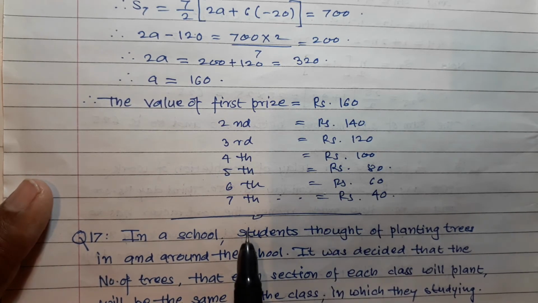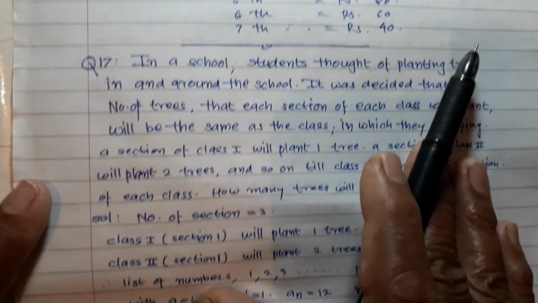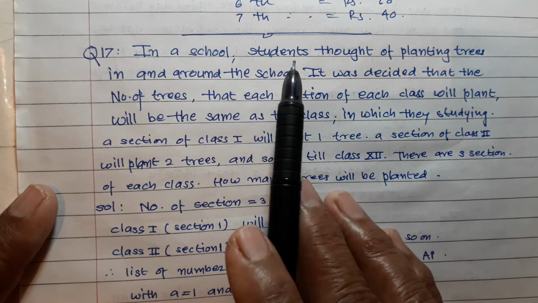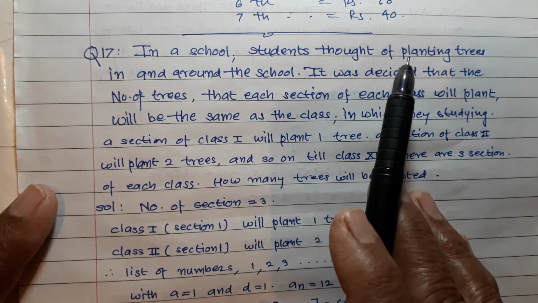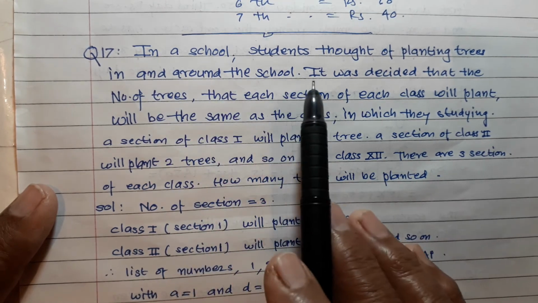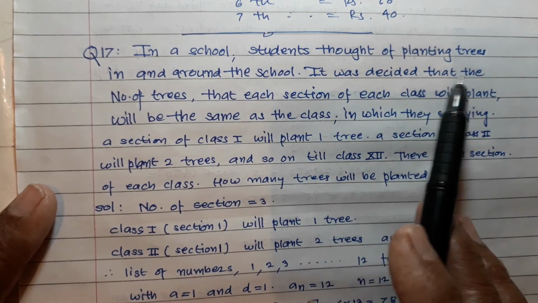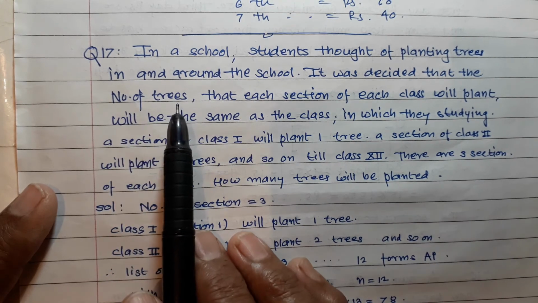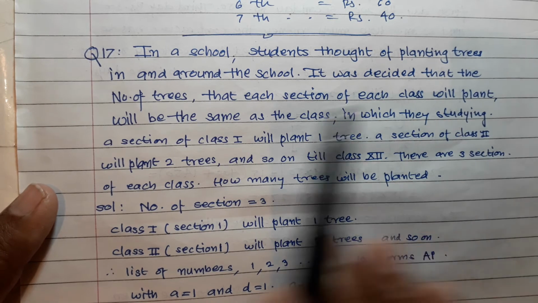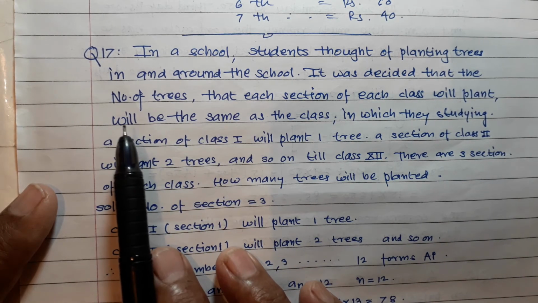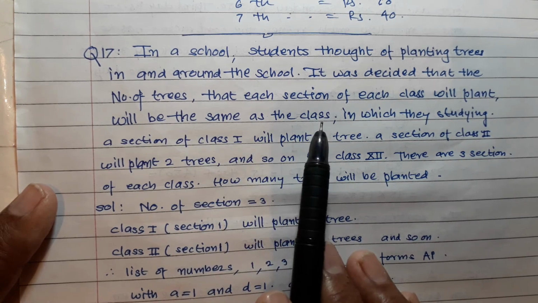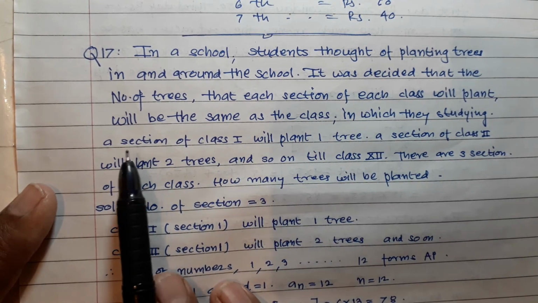Okay. So question number 17. In a school, students thought of planting trees in and around the school. It was decided that the number of trees that each section of each class will plant will be the same as the class in which they study.